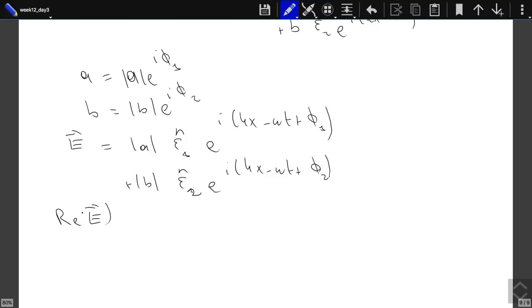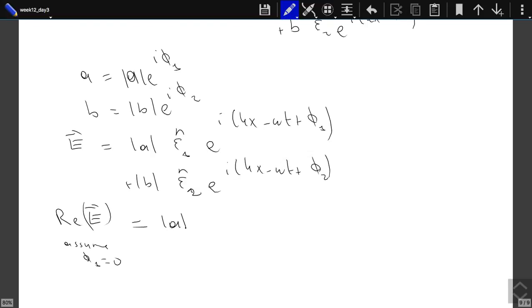What about the real part of E? That's my real electric field. Well, just for simplicity, let's assume phi 1 is 0. I can always do that by just changing the t equal to 0 time. If I shift my t equal to 0 time, the phase will be shifted, so I can eliminate one of them. So the real part, and I will just assume epsilon 1 and epsilon 2 are real vectors, x hat and y hat, if k is in the z hat direction.